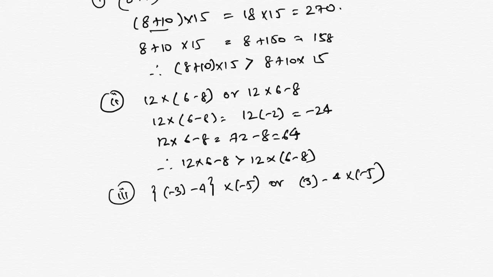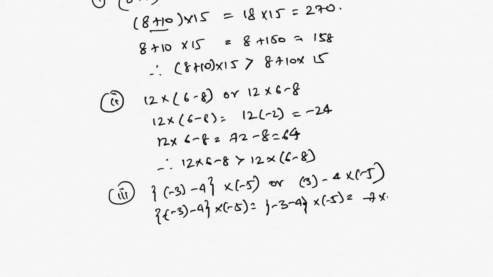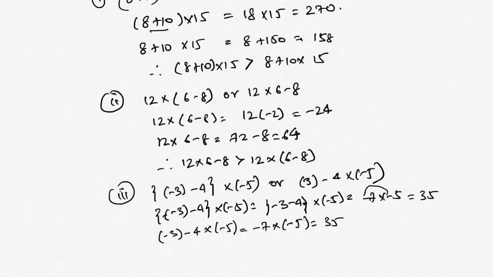Now minus 3 minus 4 into minus 5 is equal to minus 7 into minus 5, that is 35, because minus into minus is plus. Now minus 3 minus 4 into minus 5 is equal to minus 7 into minus 5, which is 35. So they both are equal.